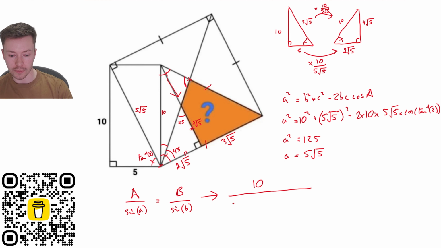Now this angle here, I have to do sine of that angle, which is going to be 180 minus inverse tan of 2 minus this angle down here, which is inverse tan of 2 minus 45.